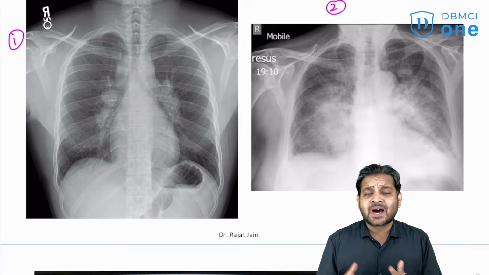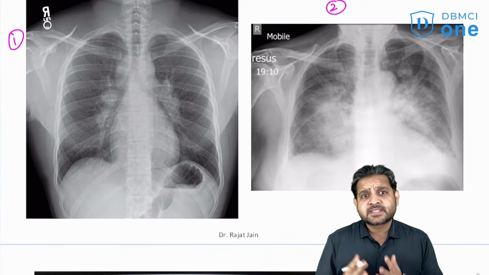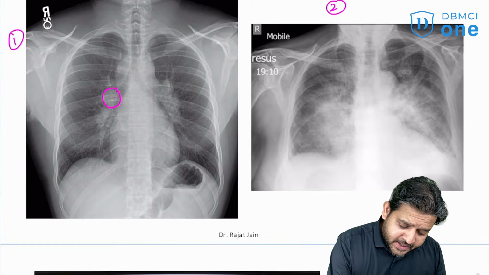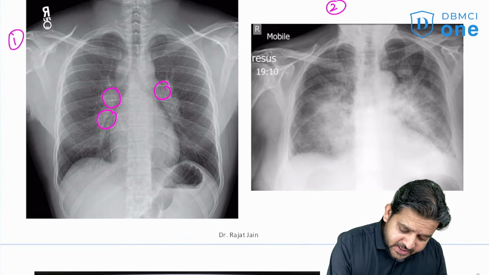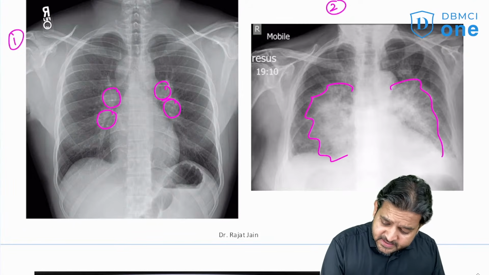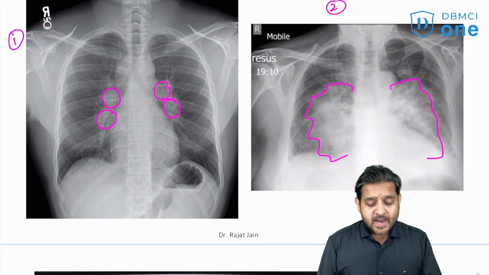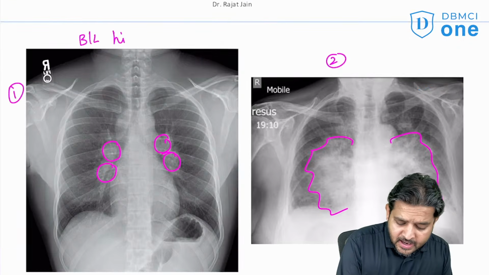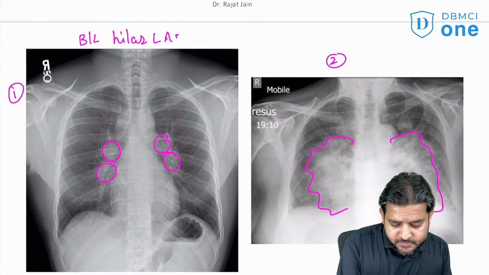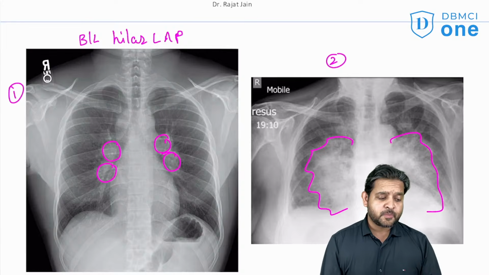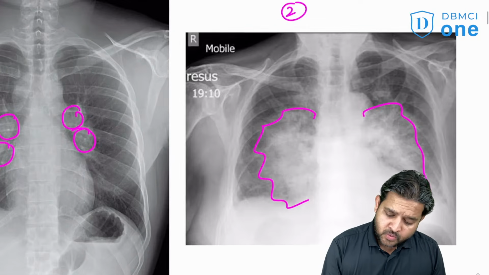And if I ask you, are these central or peripheral? You will say that these are central opacities. So can I say these are lobulated, well-defined central opacities? And can I say this is an ill-defined central opacity? And this is bilateral hilar lymphadenopathy. Now what is this?